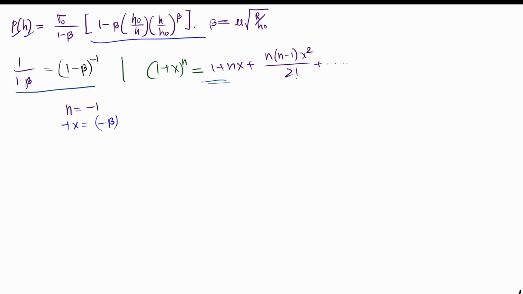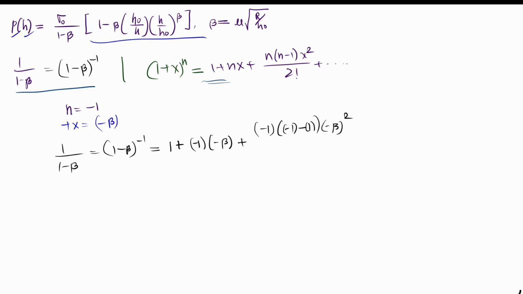So I will get 1 by 1 minus beta equals 1 minus beta raised to minus 1, as something like 1 plus minus 1 times minus beta, plus minus 1 times minus 1 minus 1, minus beta whole squared divided by 2 factorial, like this, right?